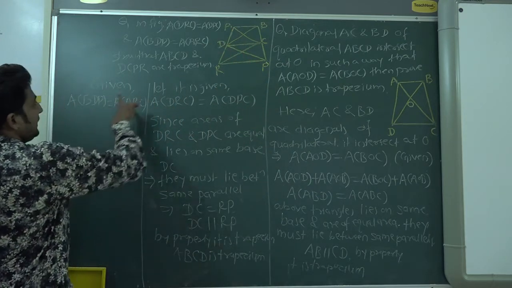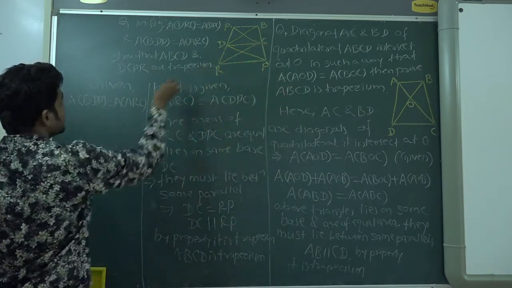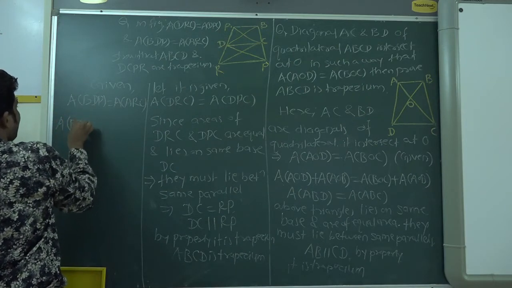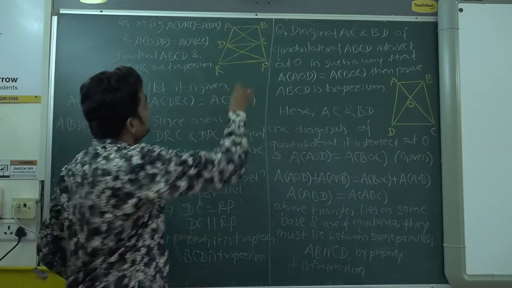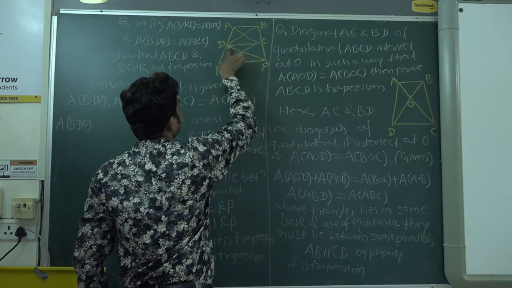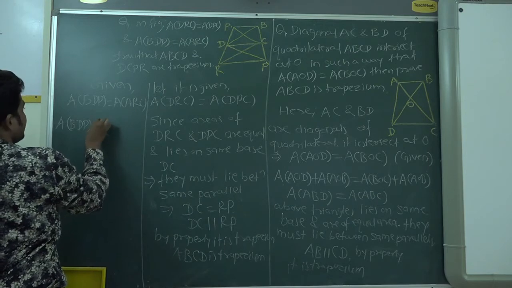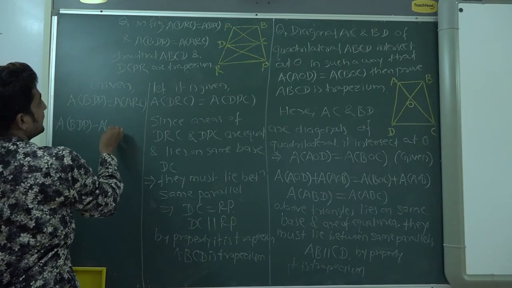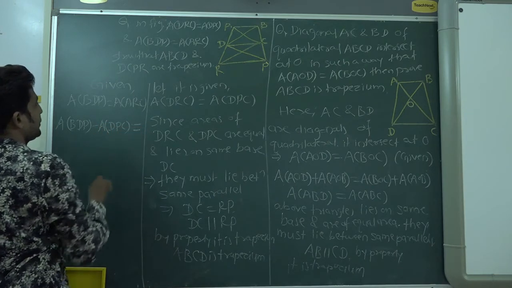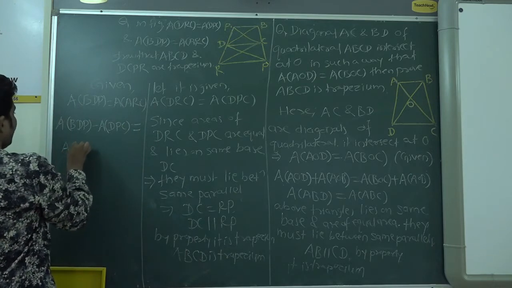Now in this BDP, dear students, watch this carefully. In this left hand side, I am going to subtract this triangle. Which triangle? In BDP, I am going to subtract this lower triangle, minus area of DPC, is equal to, again in right hand side, area of ARC.